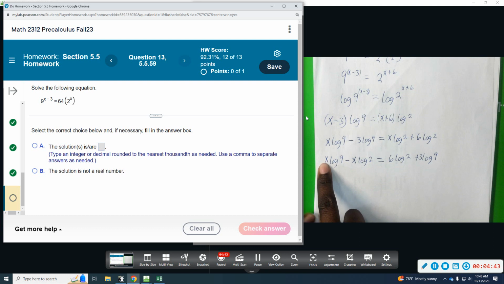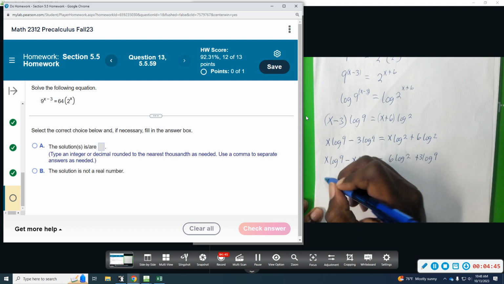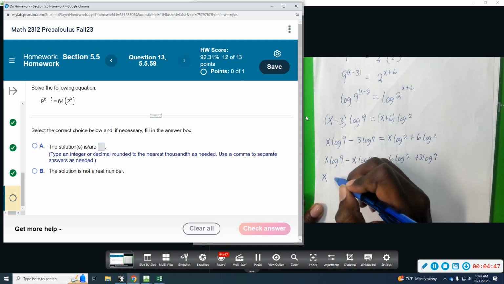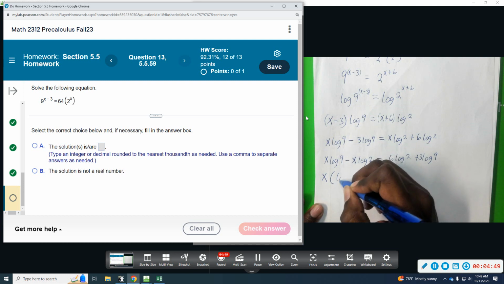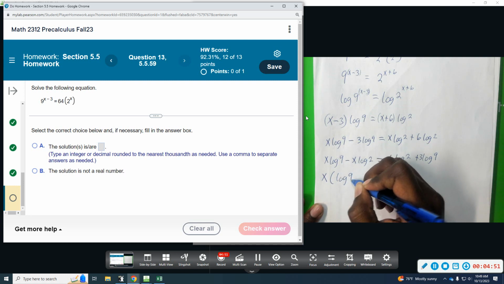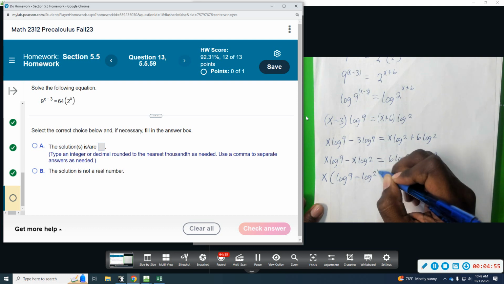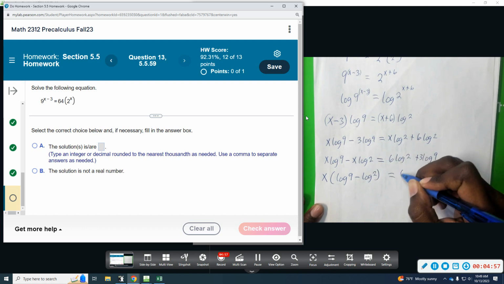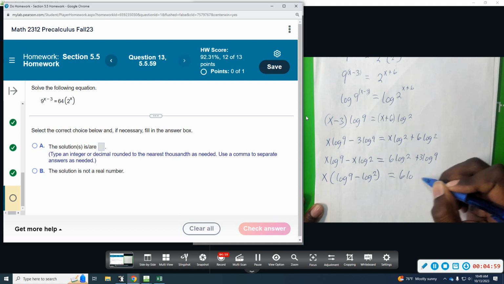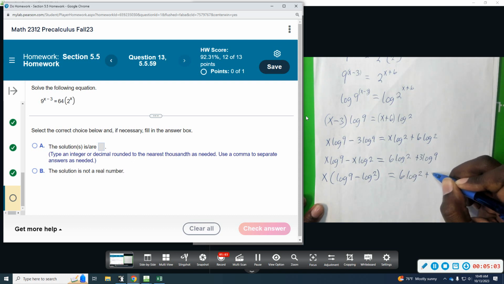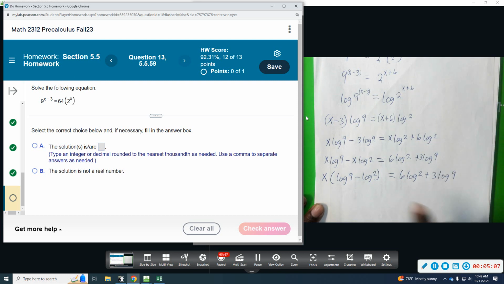Now I've got my x's on the same side. I'm going to factor out the x. So pull the x out. It's going to give me x times parentheses log of 9 minus log of 2, and that equals 6 log of 2 plus 3 log of 9. All of these are numbers.